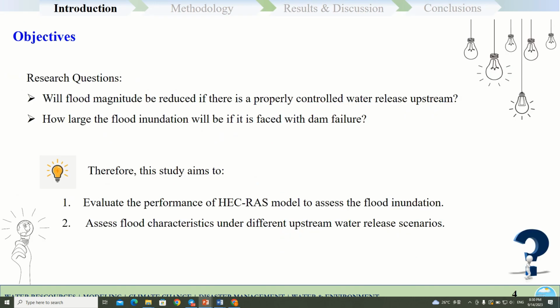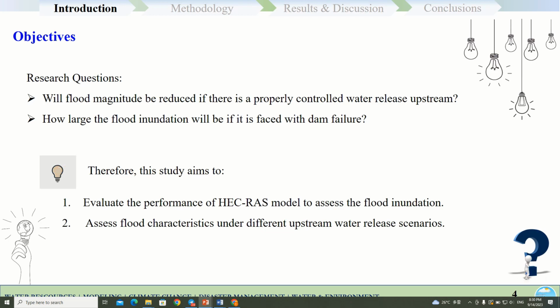The first one: will the flood magnitude be reduced if we control flow from the upstream properly? And the second: how large is the flood inundation if it faces a flood with dam failures?